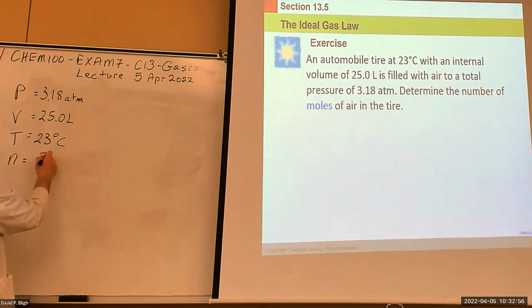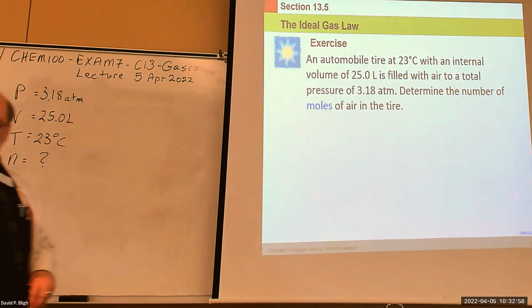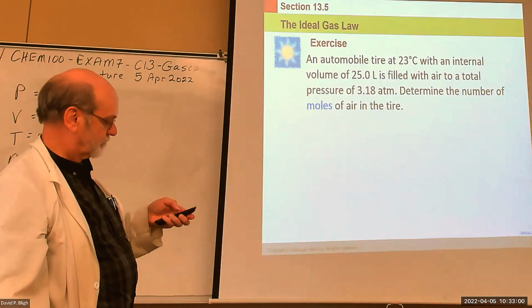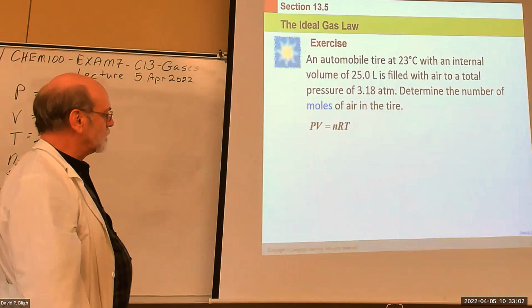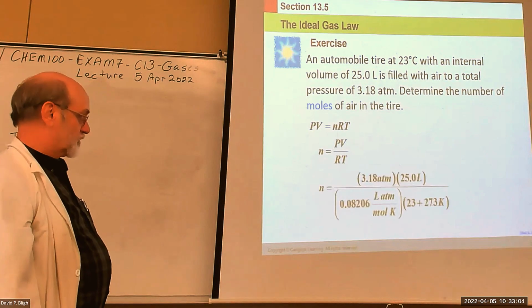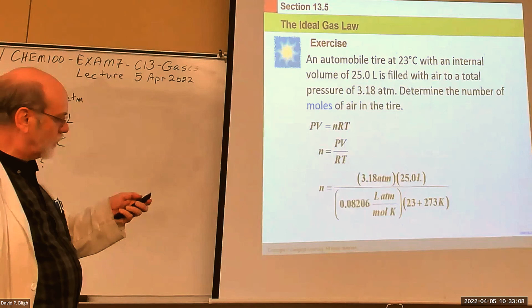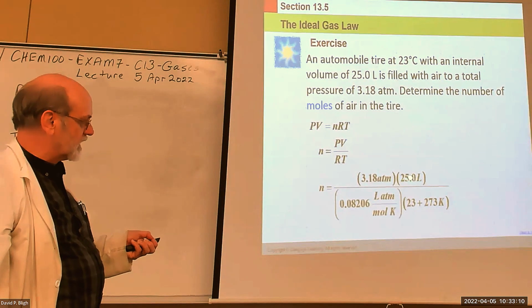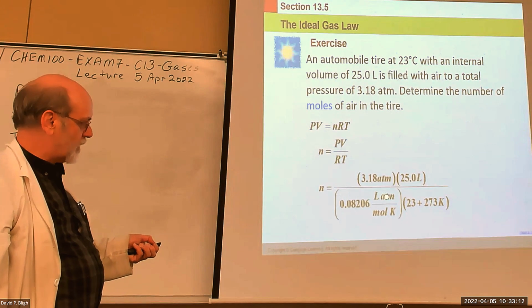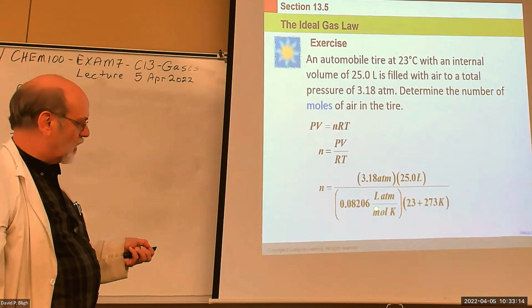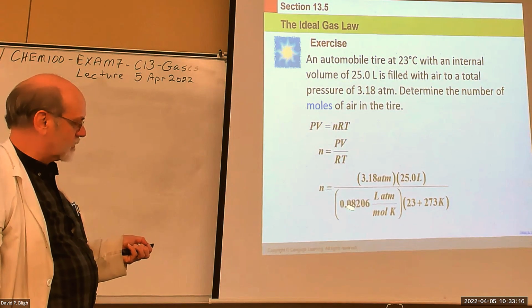How many moles are in that tire? How many moles of gas? Right. All you have to do, we solve for moles first, and then we plug in the values, right? Atmospheres, liters, that's good. Liter atmospheres, that's good. Moles, that's going to be your answer.